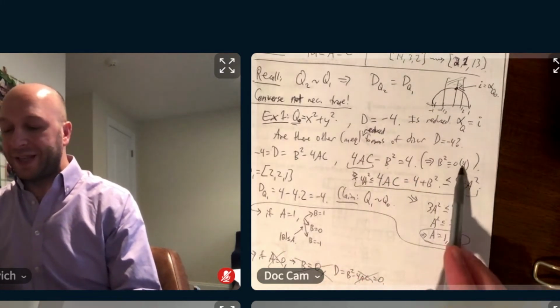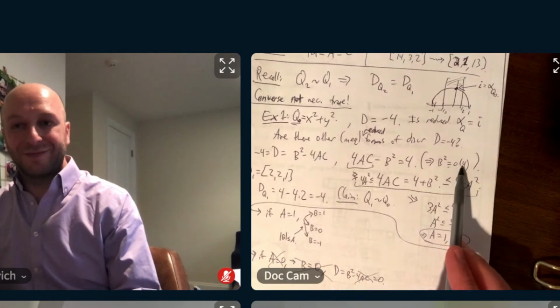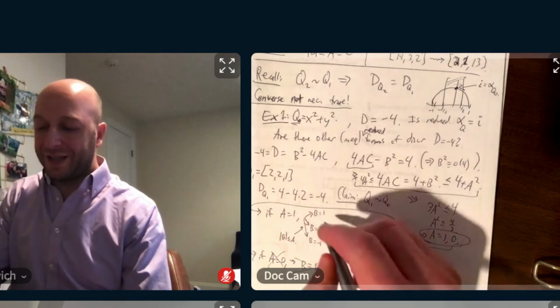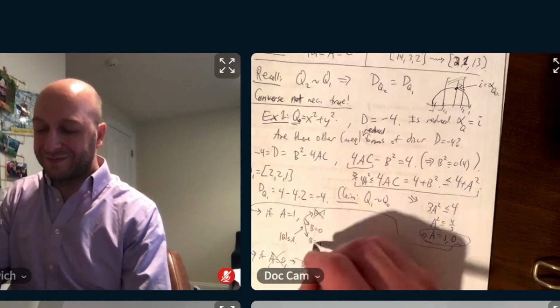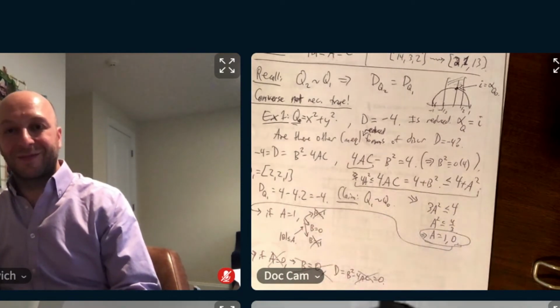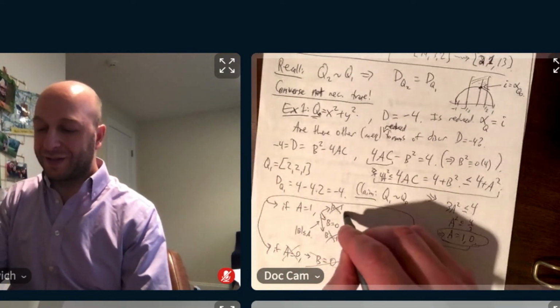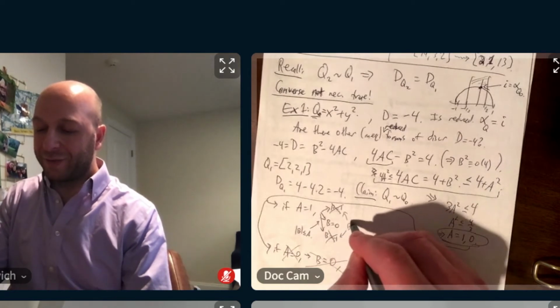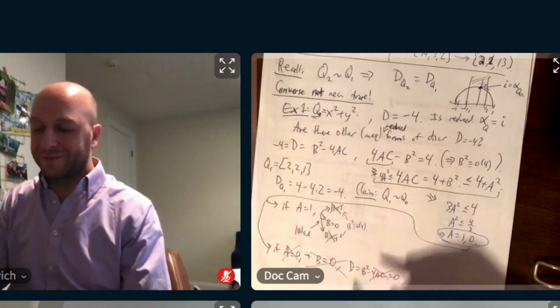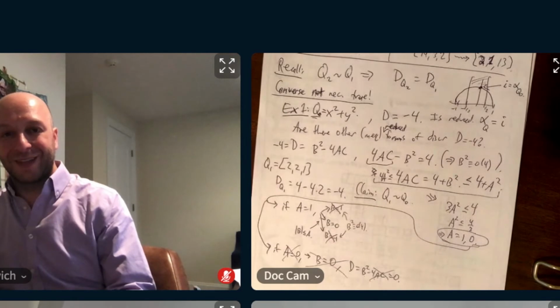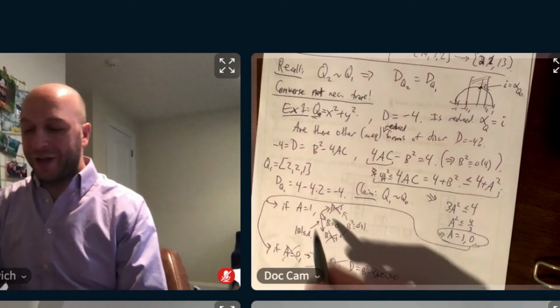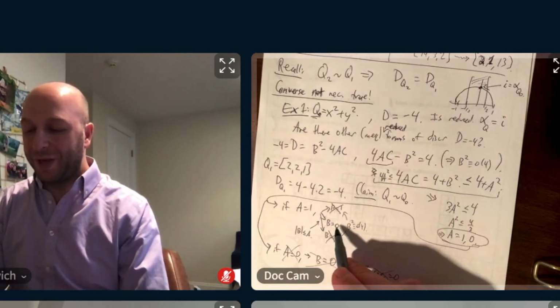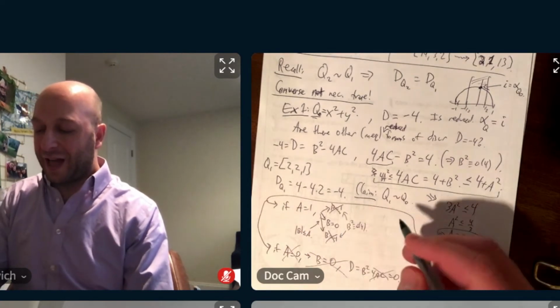In other words, B is even. So B is even. That kills off these two conditions. This is because B is even, B squared is 0 mod 4. So our only option is A is equal to 1, B is equal to 0, and then what is D?